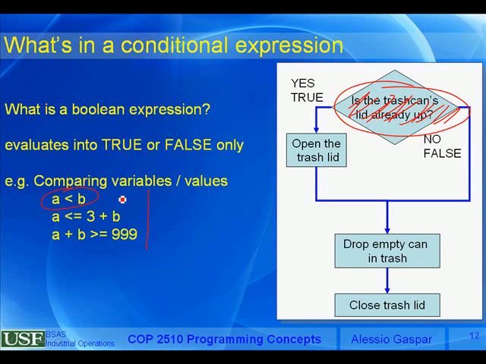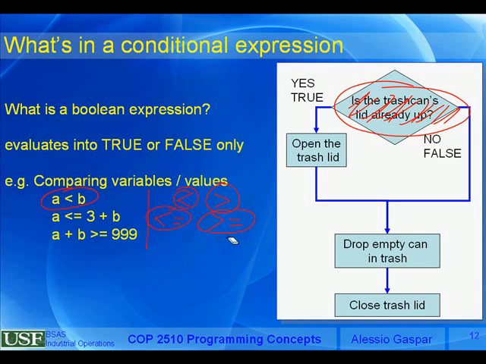You can use strict comparison with lesser than or greater than. You can use inclusive comparison, lesser equal or greater equal. So don't put a space between the greater or lesser sign and the equal. It all goes together. It's really one operator in most programming languages.